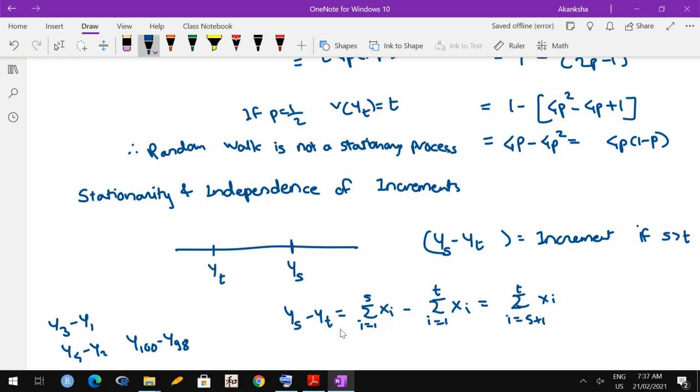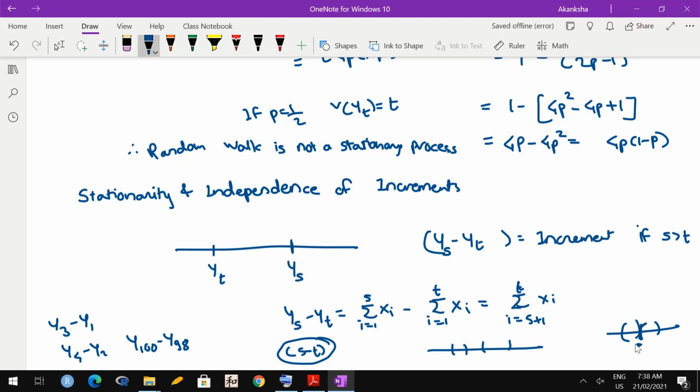The distribution of the increment depends only on the lag s minus t. The number of lags involved is s minus t, and the distribution depends only on the distribution of these s minus t xi's. So they are stationary, and they are independent because again the xi's are IID. When we say increments are independent, we have to talk about non-overlapping increments. Even this is fine because it's open on both sides, so having a common endpoint is fine.